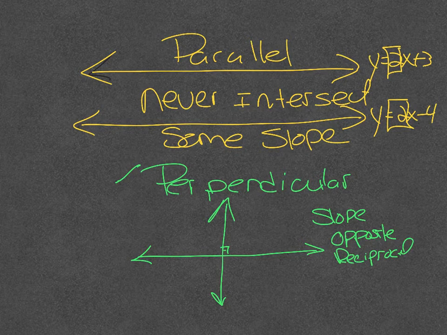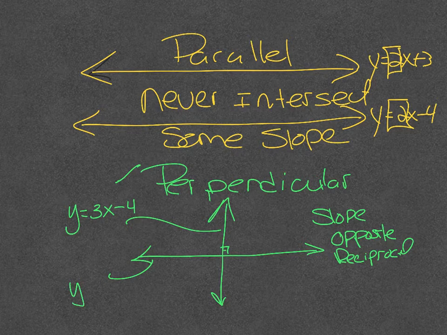So if I say that this line is, well, it would be a little more angled, but let's just use an example. y equals 3x minus 4. Then the perpendicular line, the slope's going to be the opposite, so it's going to be a negative, and it's going to be the reciprocal. So what does reciprocal mean?